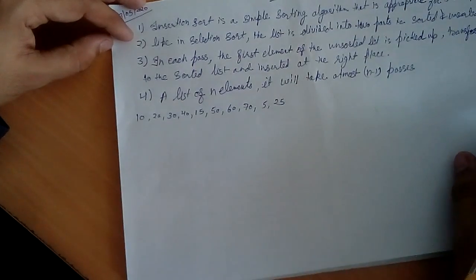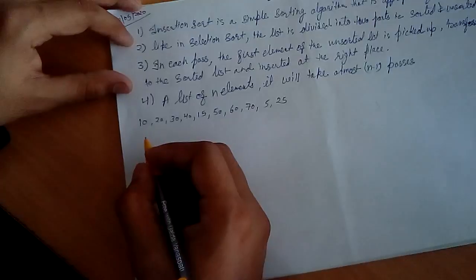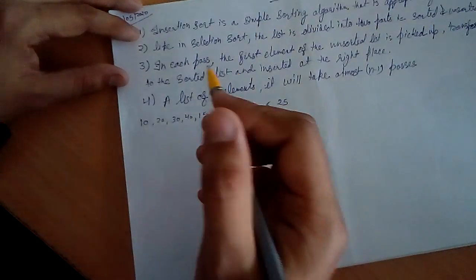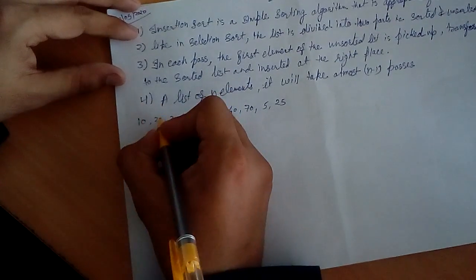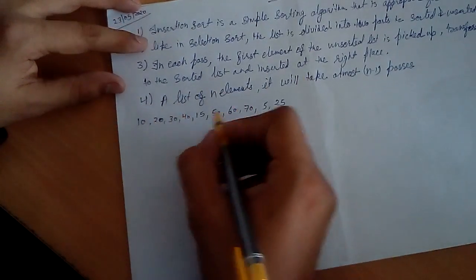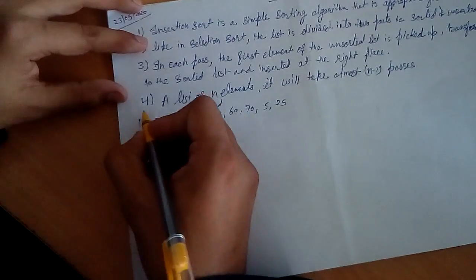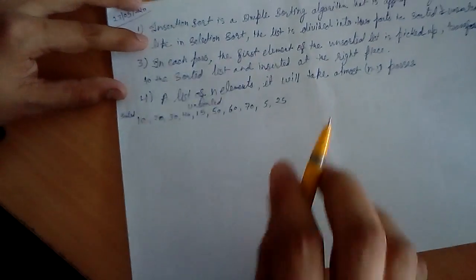Now we are going to apply insertion sort on it. So the process will start like the previous methods also. We will divide this list into two parts, sorted and unsorted. Okay, so this is the whole unsorted part and this is sorted. At this time sorted is 0.